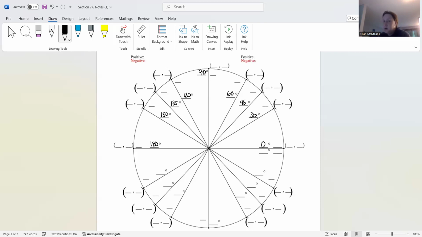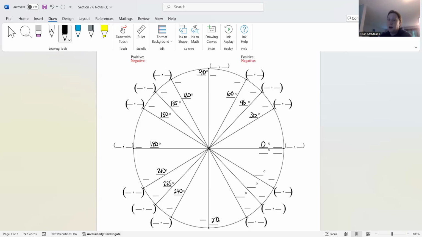Those quadrant angles we should be fairly familiar with. Now from the negative x-axis to the negative y-axis, we're going to increase by 30, 15, 15, 30. So we get 180 plus 30 is 210, plus 15 is 225, plus 15 is 240, and then plus 30 is 270.